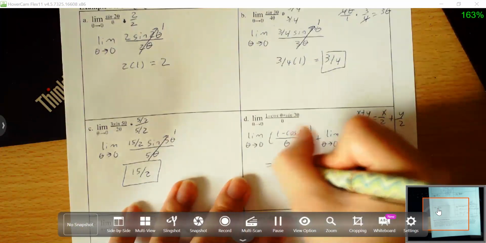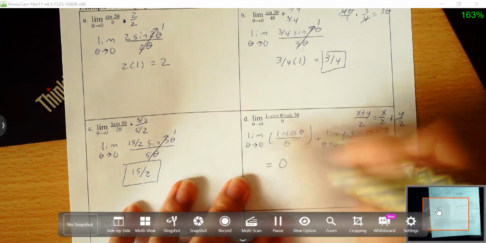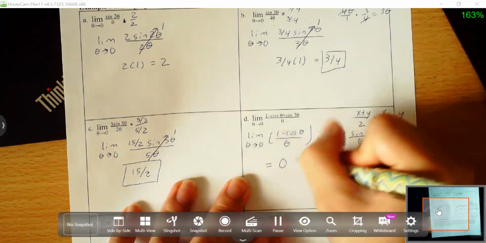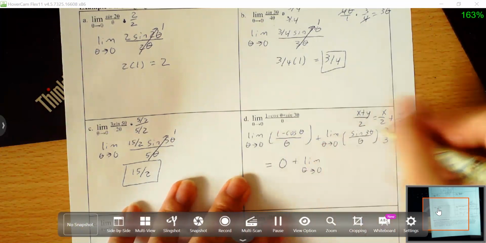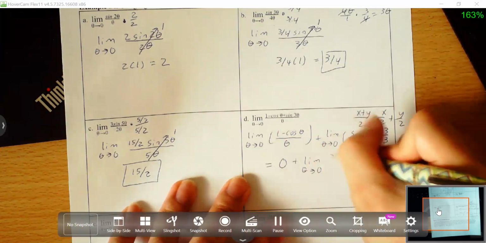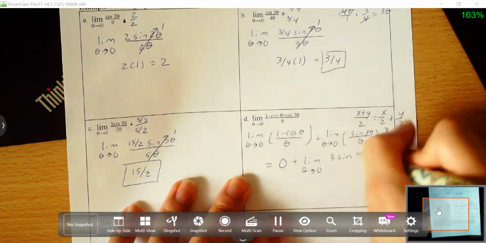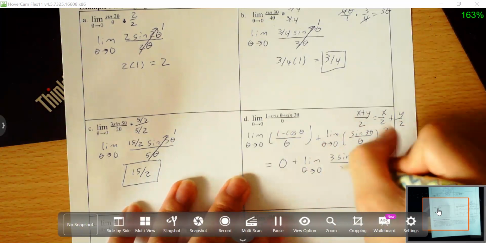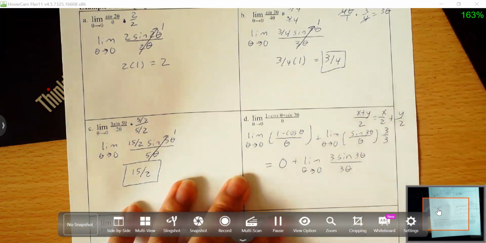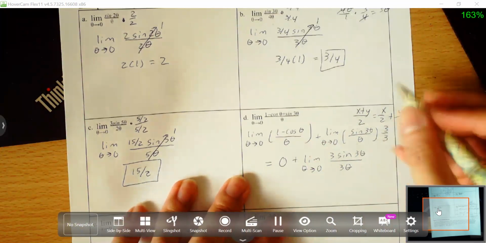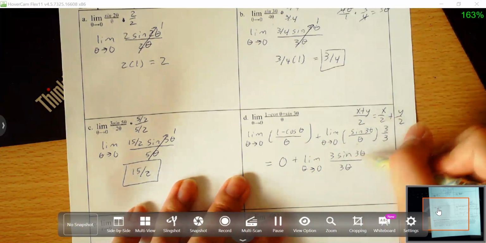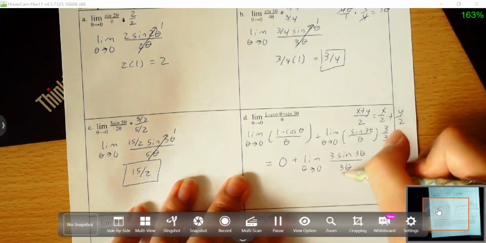So I know this is going to be equal to 0, because this whole thing goes to 0, plus the limit as theta approaches 0 of 3 sine 3 theta all over 3 theta. And then I know that sine 3 theta over 3 theta becomes 1.